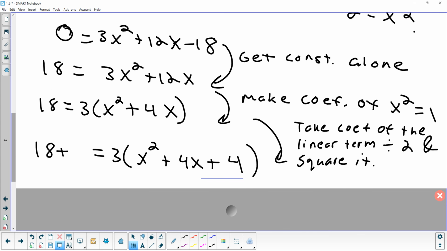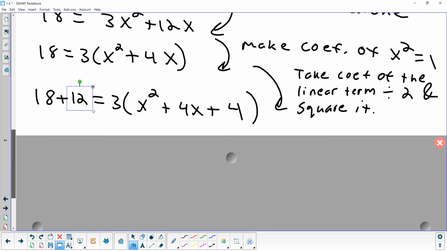Anything that you put inside these parentheses, including this 4, is really tripled. So you just added 4 times 3, which is 12 on the right, so you need to add 12 on the left. If the x squared had a 1 to start with, then you wouldn't have factored anything out, and that little tricky situation wouldn't have come up. All right. Any question why I added 12 on the left?